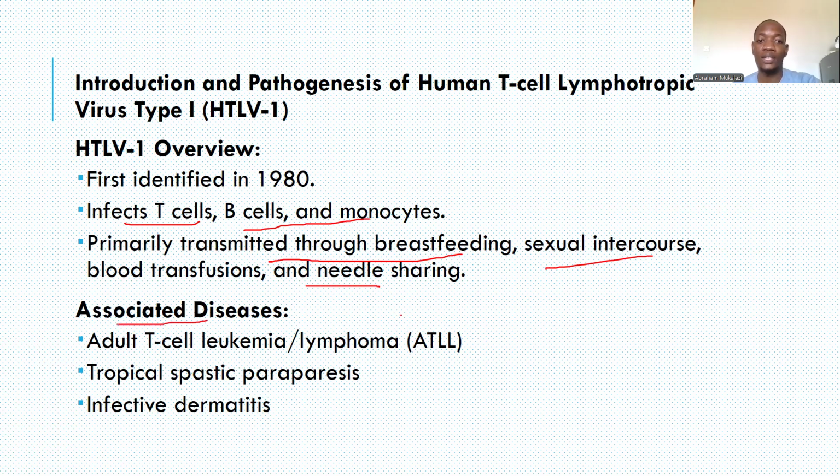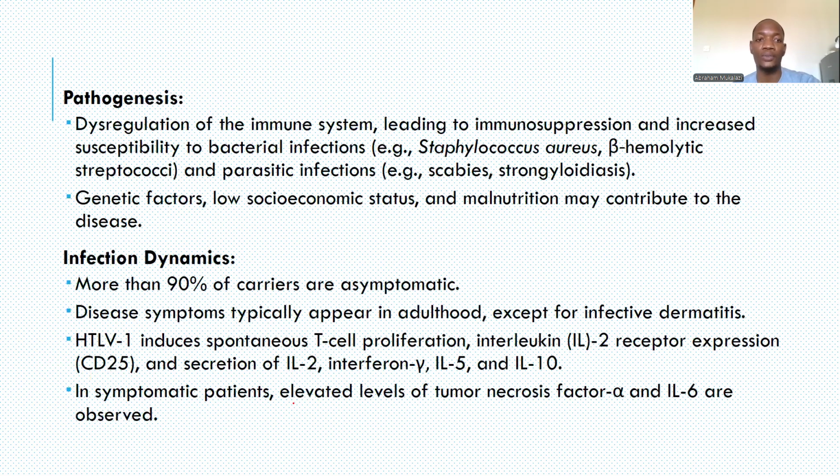It is associated with other adult diseases like adult T-cell leukemia and lymphoma. These are malignant conditions, but in children and adolescents, it can give rise to infective dermatitis, which can look like atrophy. It can also give rise to tropical spastic paraparesis or even infective dermatitis in children.